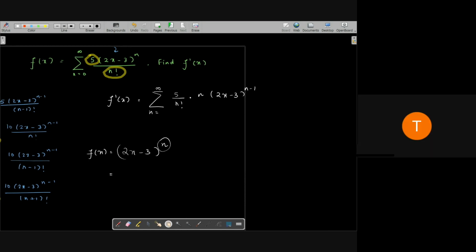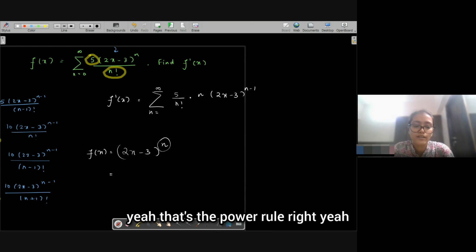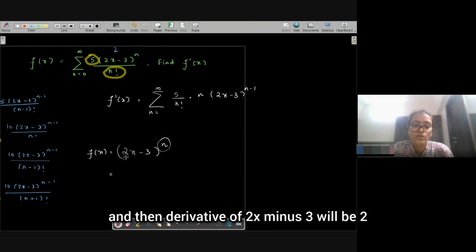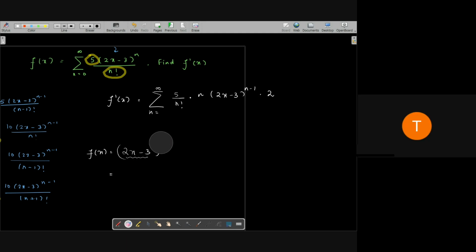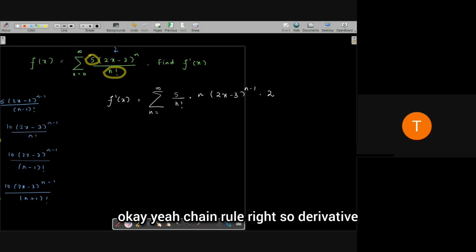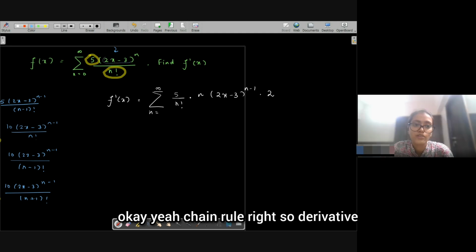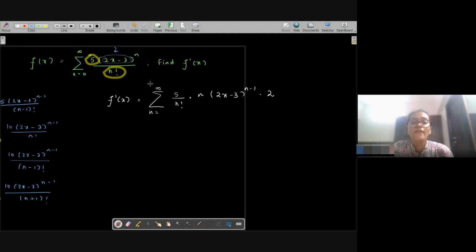And then the derivative of 2x minus 3 will be 2. That's the chain rule. So 5 times 2 gives us 10, which is what you said in the beginning.